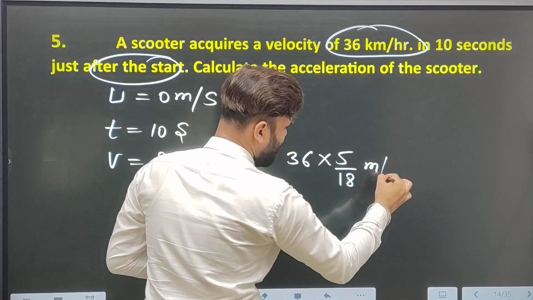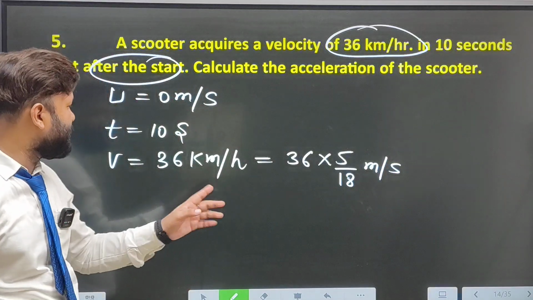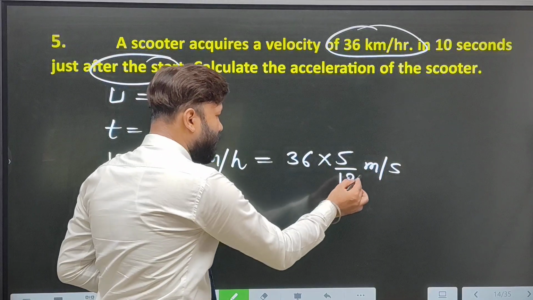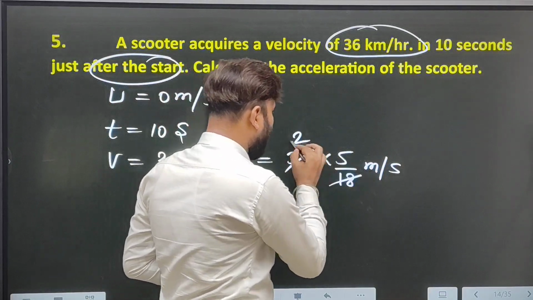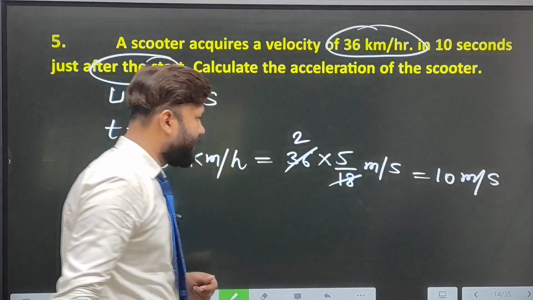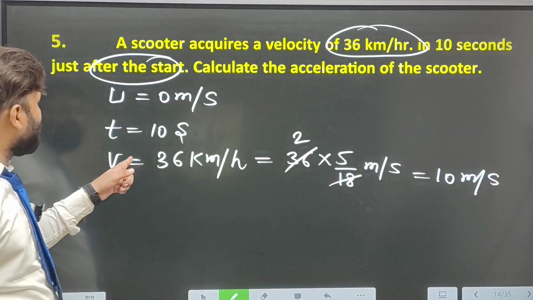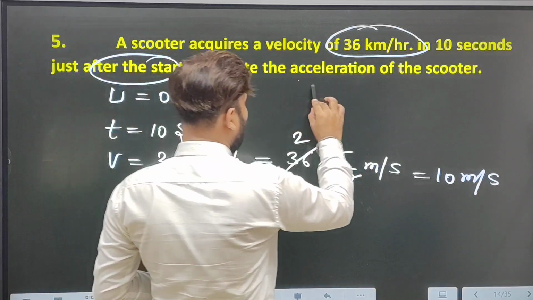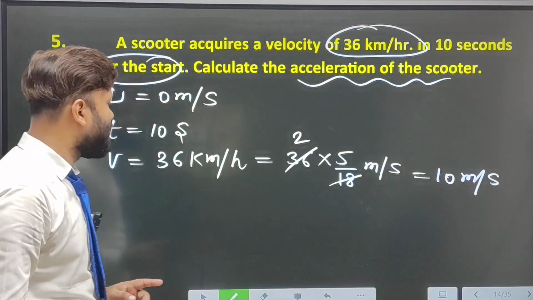So it will be in meter per second. Always remember, when you are changing kilometer per hour to meter per second, what you have to multiply? 5 by 18. So 18 twos are 36, 5 twos are 10. So 10 meter per second. Final velocity is given, u is given, t is given. So we have to calculate the acceleration of the scooter.